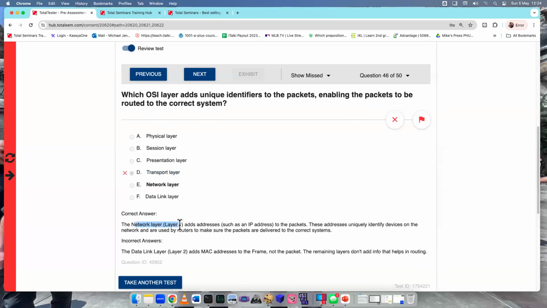The network layer adds the IP addresses to the packets. So think encapsulation of where it's going and where it's routing. Delivering it inside the network would be the transport layer. Interesting. Good to know. See, I'm learning quite a bit from this product already. I like it.